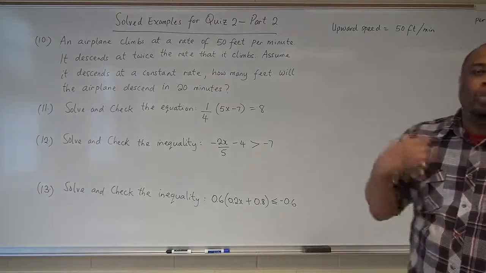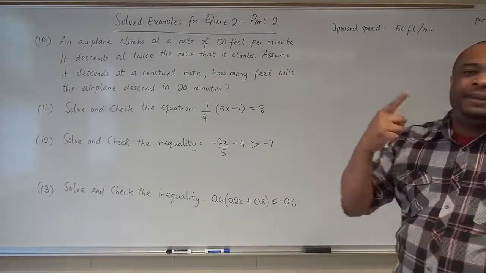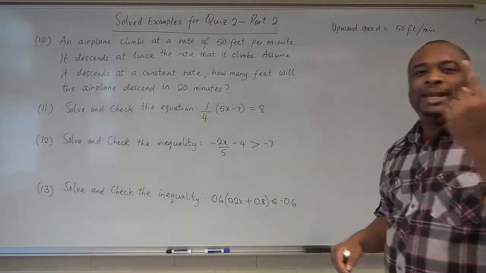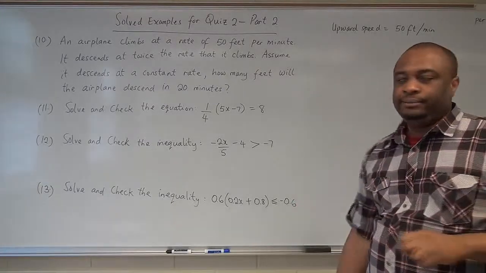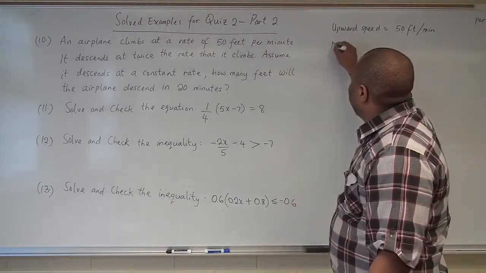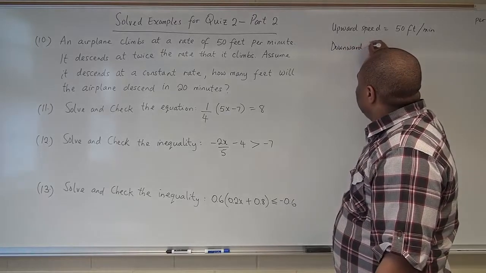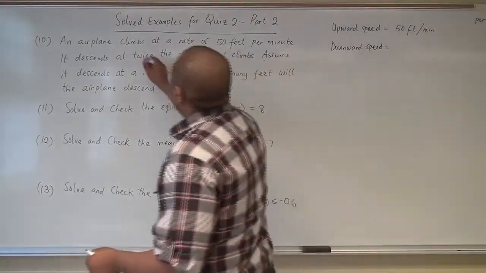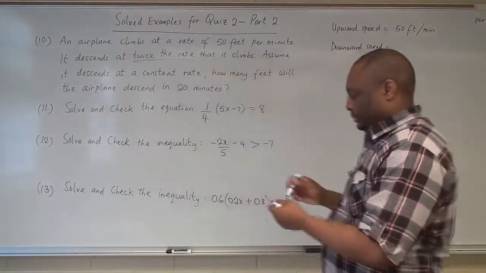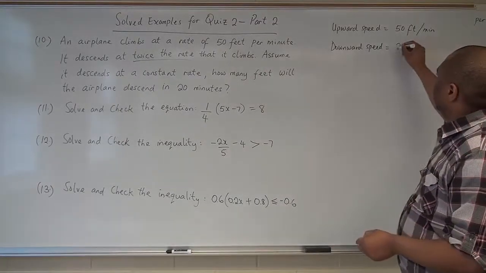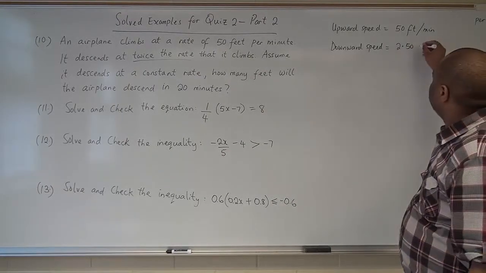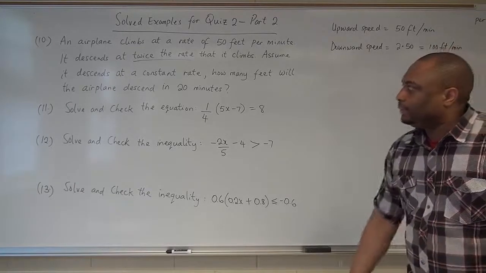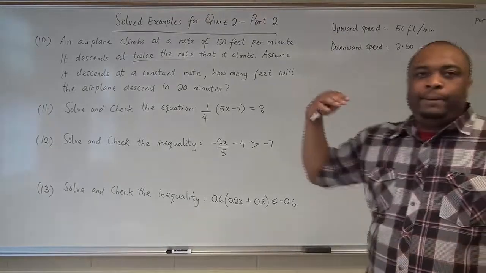Per minute means in 1 minute it climbs 50 feet. But downward speed is twice the rate. Twice the rate is 2 times 50, which is 100 feet per minute.